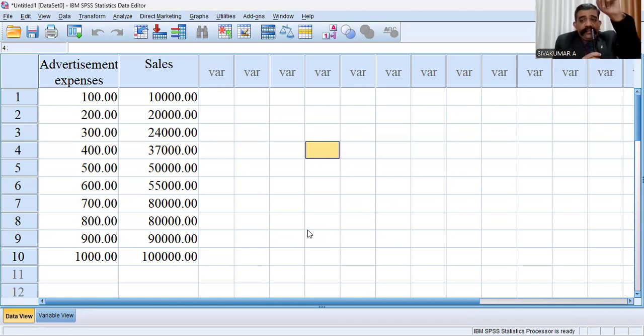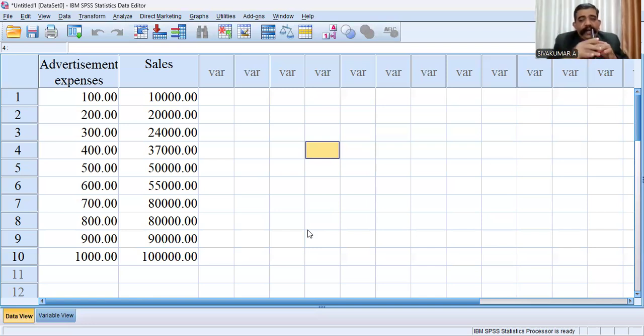As you know, first you have to write a null hypothesis H0 and an alternate hypothesis H1. Participants, it is very easy. Please use the word no in the case of the null hypothesis.